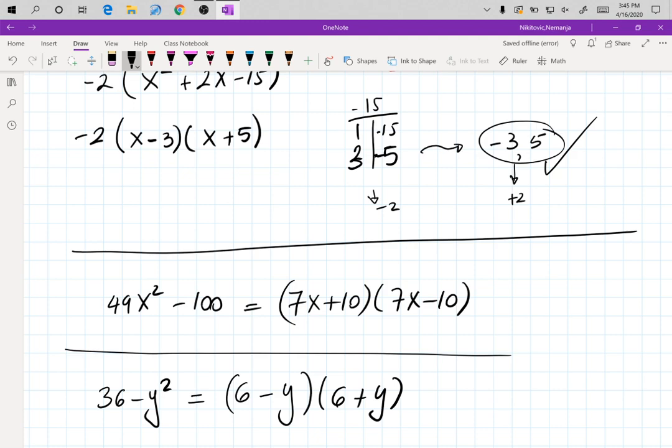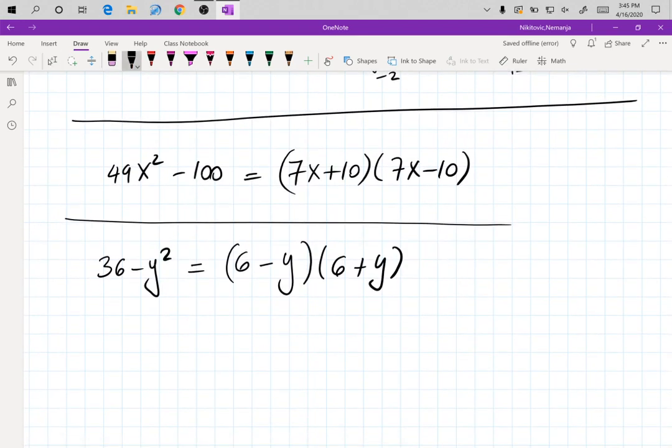One of them has to be positive, one of them has to be negative, because they have to have opposite signs. Now, multiplication is commutative, so that means you can swap the order. Where is the plus, where is the minus? The numbers are the same. So, put it somewhere. You can do plus and minus, or you can do minus and plus. It doesn't really matter.